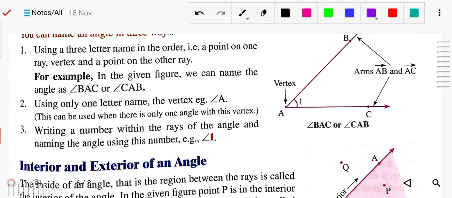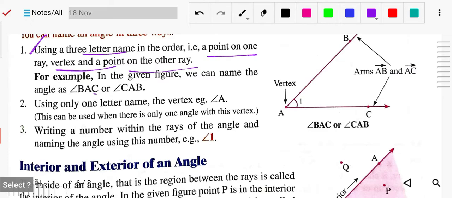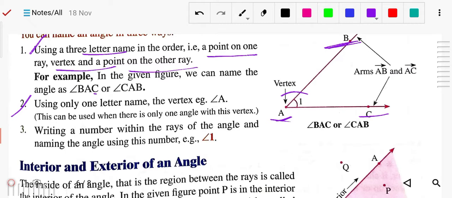The first is using a three-letter name, in order: a point on one ray, the vertex, and a point on the other ray, like BAC. You start from B, then A, then C. This is one style. Another method is using only one letter. Suppose I have to show this angle, you only write angle A.